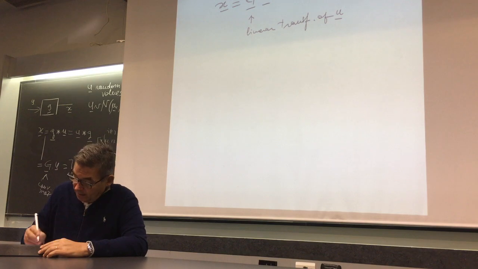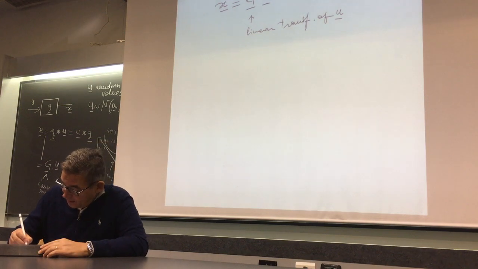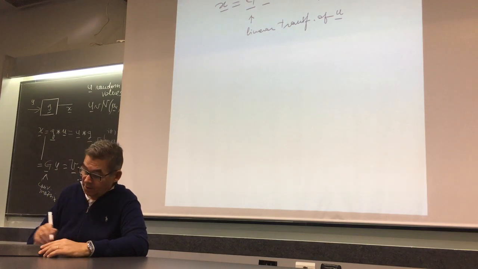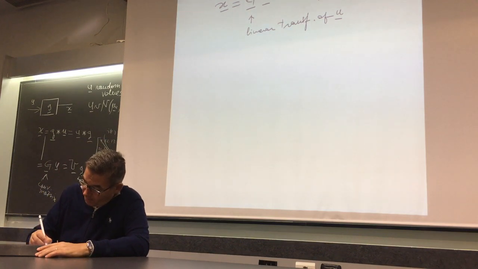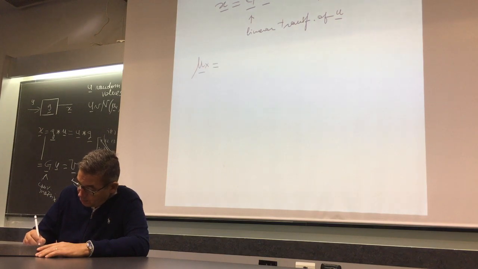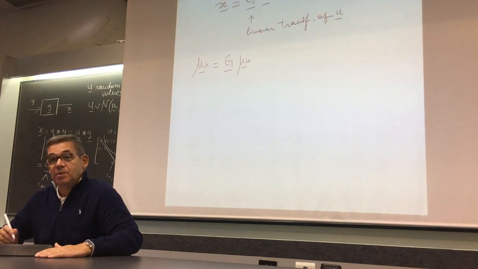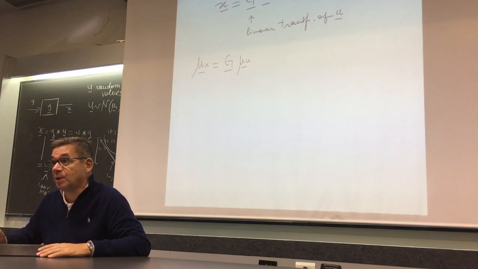Now, what I can say is that this one is Gaussian, so it is normally distributed with a certain mean and a certain covariance. So the mean of y, the mean of x, is equal to g times the mean of u. So the mean of the output is the mean of the input linearly transformed by g.